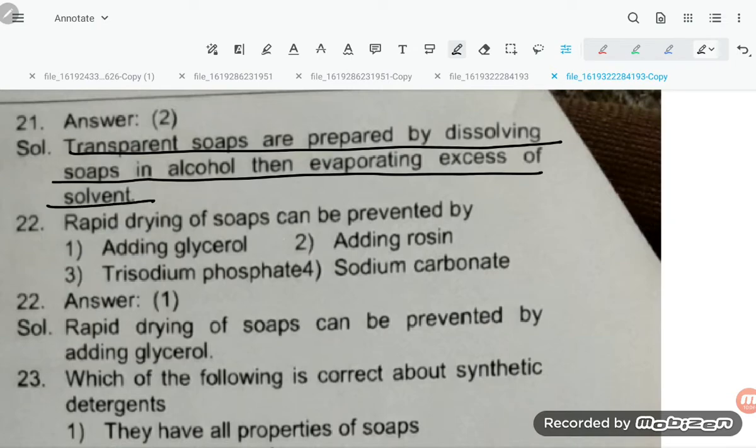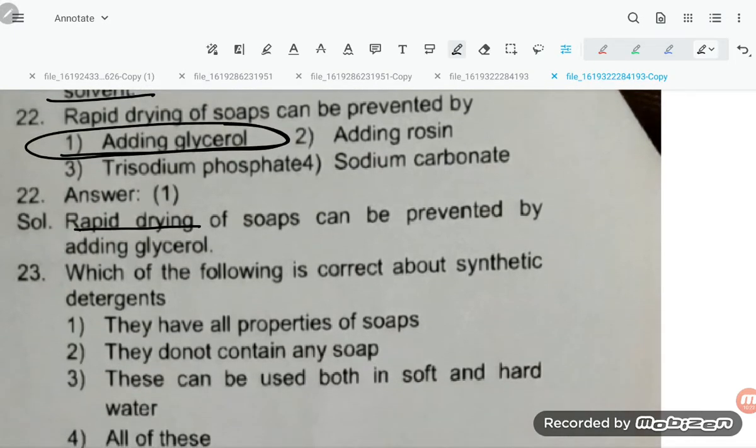Rapid drying of soap can be prevented by adding glycerol. So option number 1 is correct.